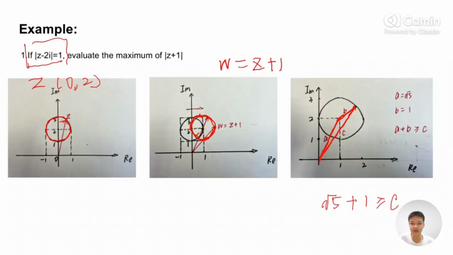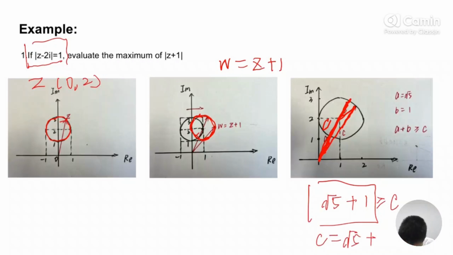So when does c become the biggest? It's actually when this line goes across the center of the circle. And this is our biggest c. So the maximum is square root 5 plus 1. And that's the maximum. Okay.